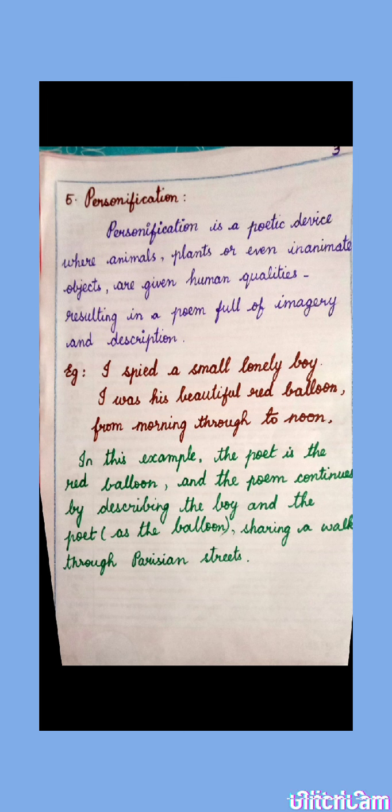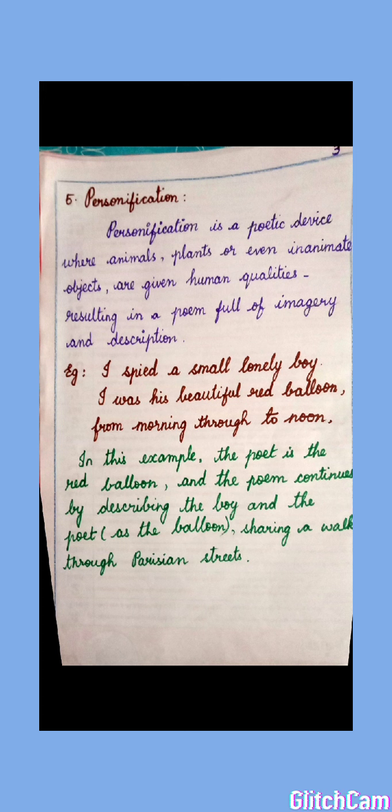Using our senses, all the five senses, that is visual, olfactory, gustatory, and kinesthetic senses, the body movements. This comes under imagery. Here the example given is, "I spied a small lonely boy."